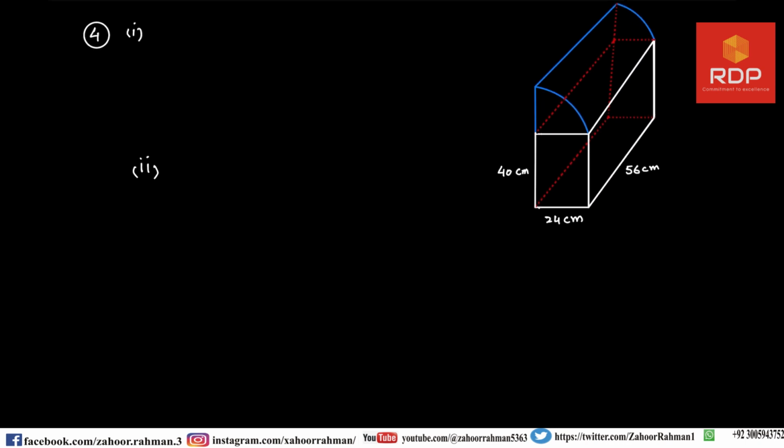Now next is the fourth question, and in the fourth question they have given us a composite shape in blue color. You must understand that this is 1/4 of the solid.